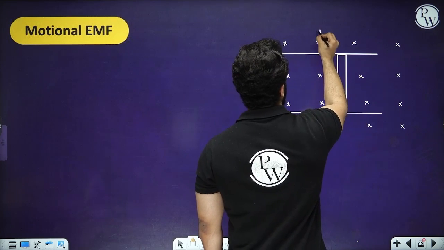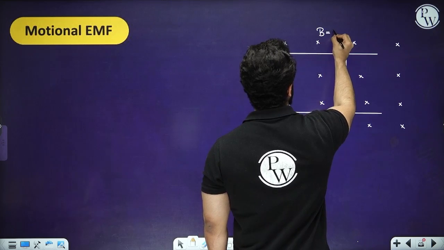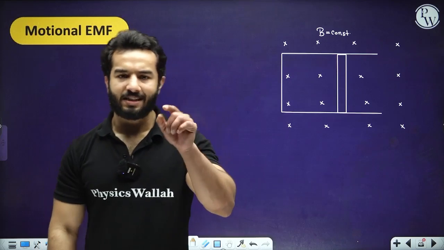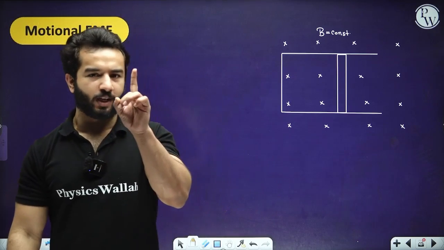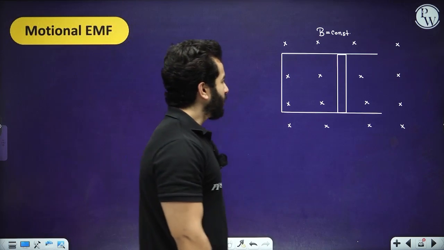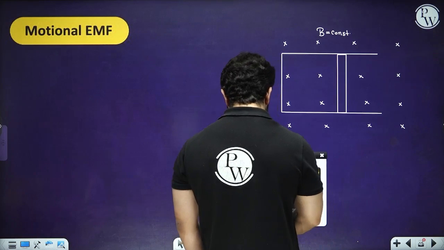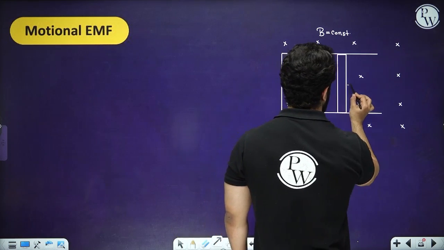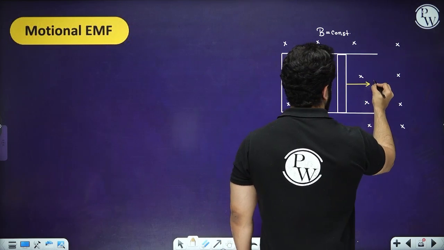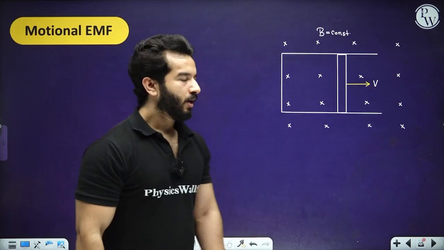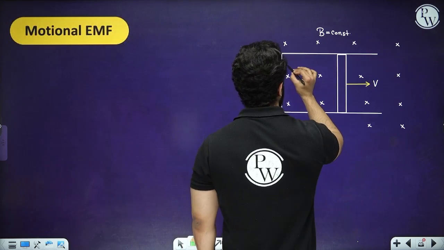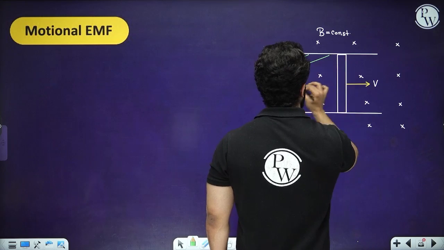Let's suppose the magnetic field is B and it is constant. Now we are not talking about a change in magnetic field. We just completed that case when we were talking about dB by dt. Now let's say this rod has a certain velocity in this direction. What will happen because of this? The flux linkage will change.